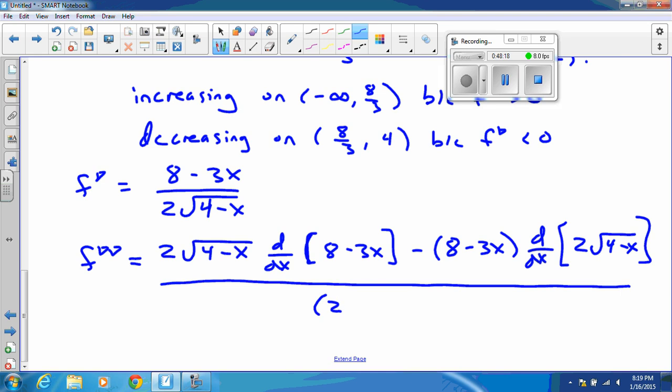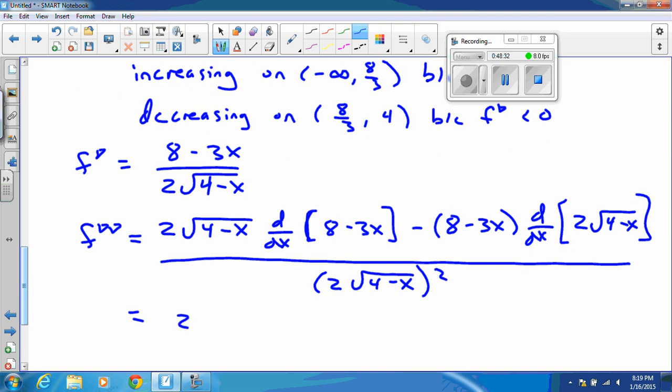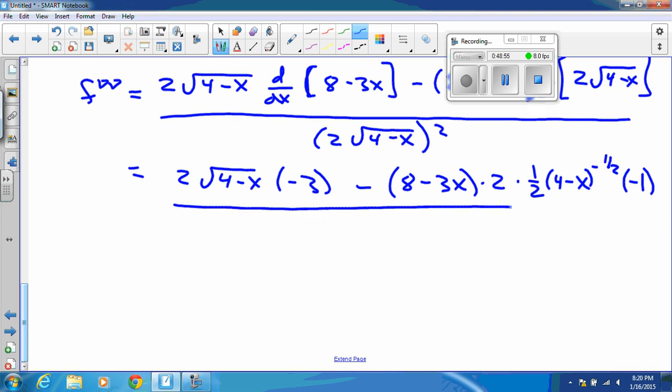And so now f double prime is going to be low d high, less high d low, all over denominator squared. Now we're pretty happy with the calculus part, but now we have some algebra to deal with. So let's do that patiently.